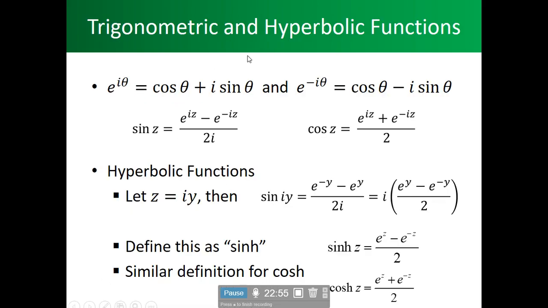So now we talk about trigonometric and hyperbolic functions. These are basic principles that we just need to have. As you can see, we've been using in the past already the exponential, and we've been using it with the cosine and the minus sign. And we have the exponential as it relates to minus i theta.